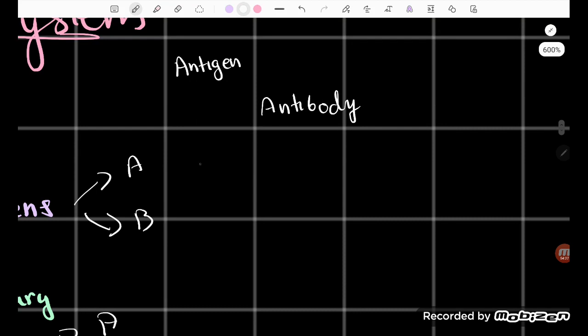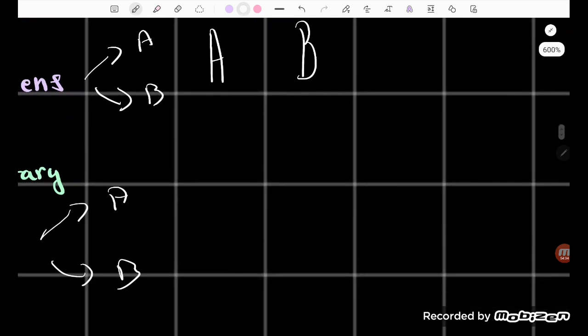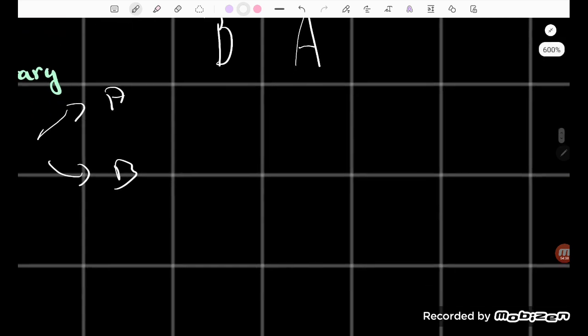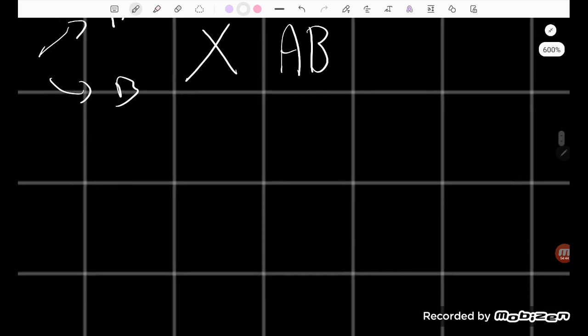So if a person has antigen A, they'll have antibody B. If they have antigen B, the antibody is A. If they have no antigen, then they'll have both A and B antibodies. If they have A and B antigens, there is no antibody.